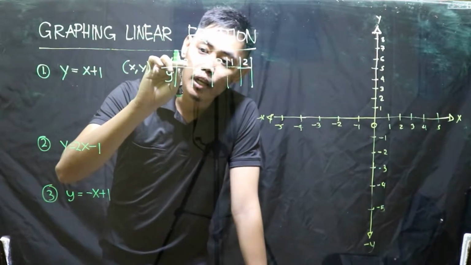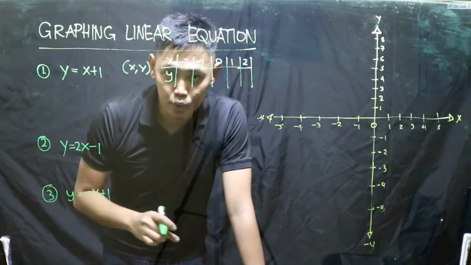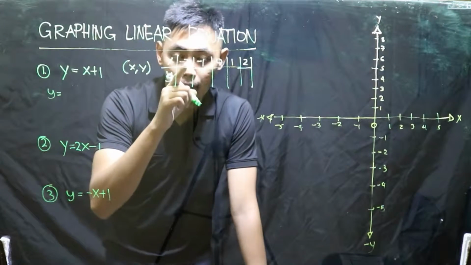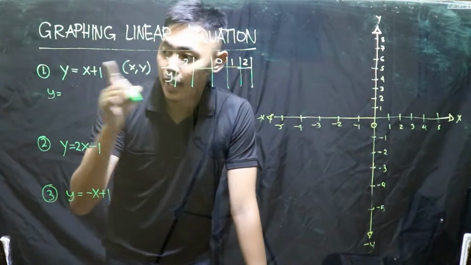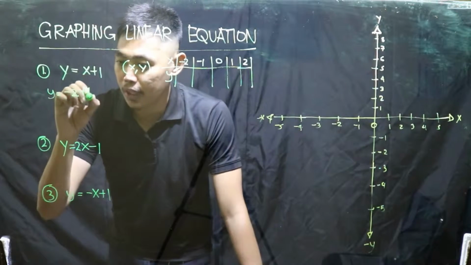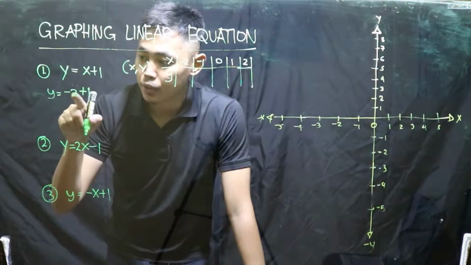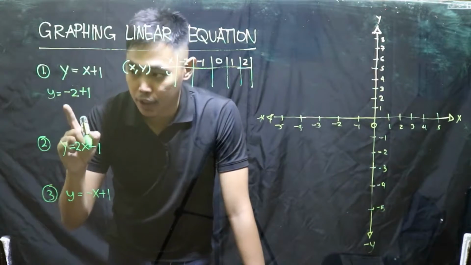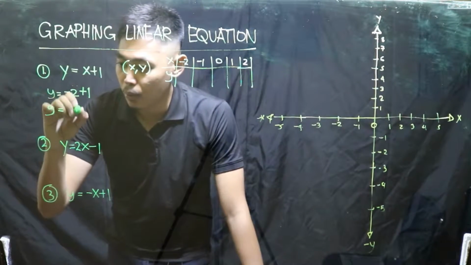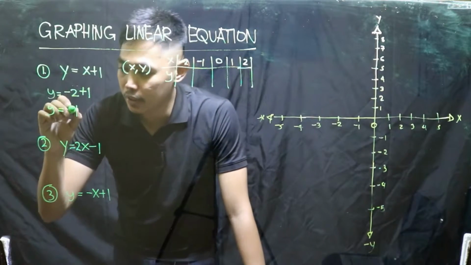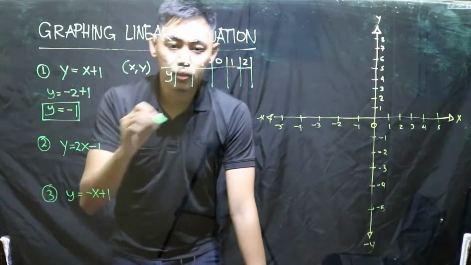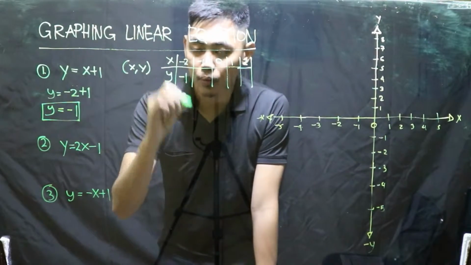Since we have set x equal to negative 2, we will solve y is equal to, and then we will replace the x with negative 2. So, negative 2 plus 1. Okay? We have different signs, so we will subtract. 2 minus 1 would be 1. Since negative 2 is bigger, our answer is negative 1. So, we will put here negative 1.